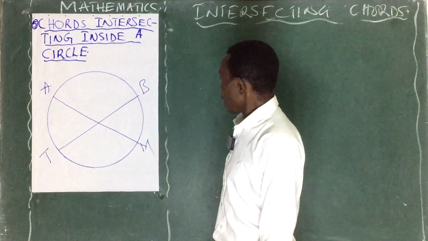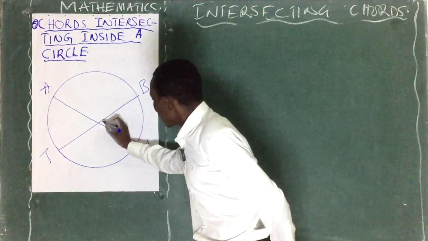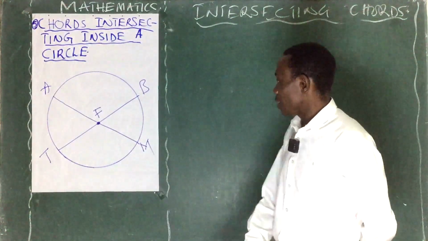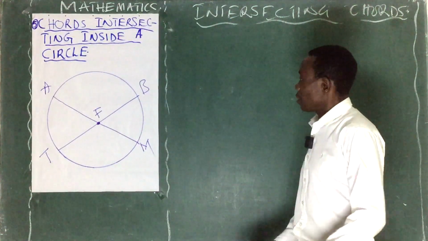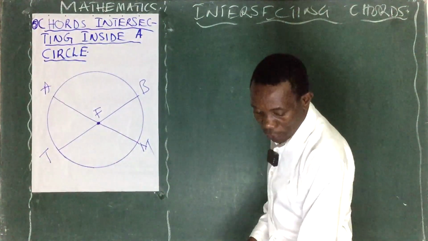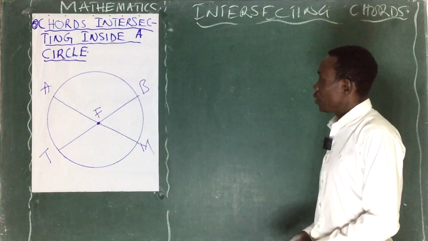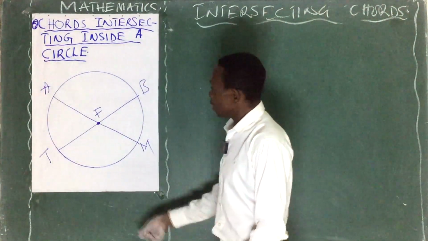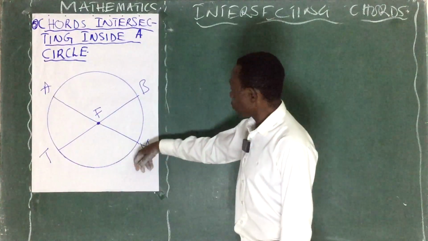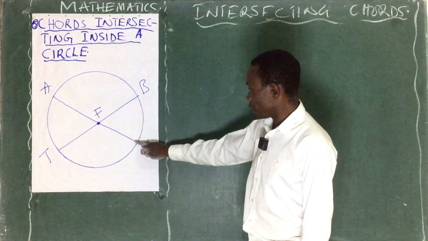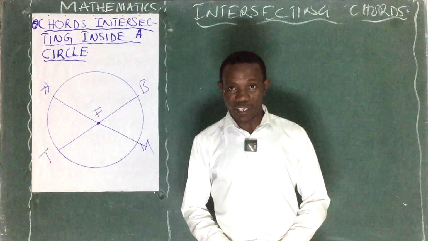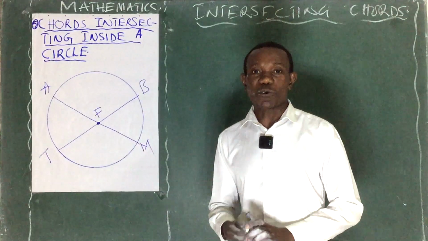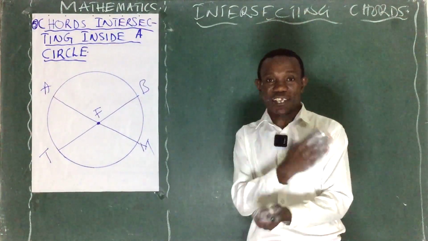The two chords AM and TB are intersecting at point F. Let the two chords intersect at F. Now, if we try to join point A to T and point B to M, we'll find something that is very interesting. That is always true about a circle each time the chords are found to intersect inside the circle.